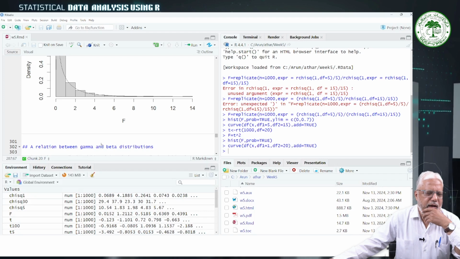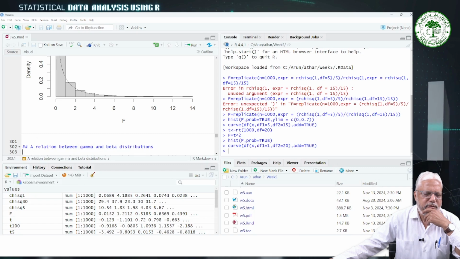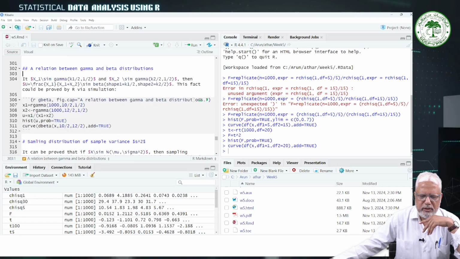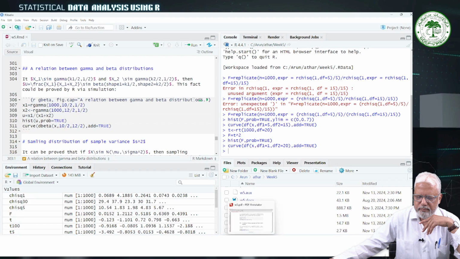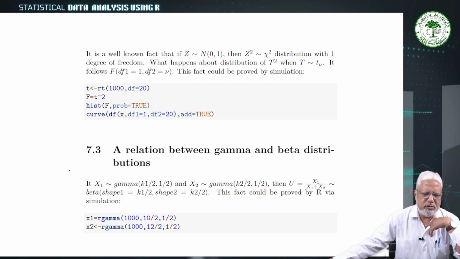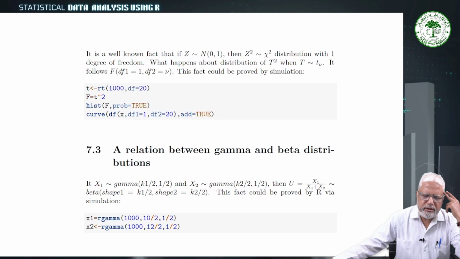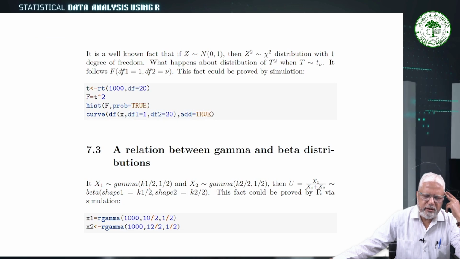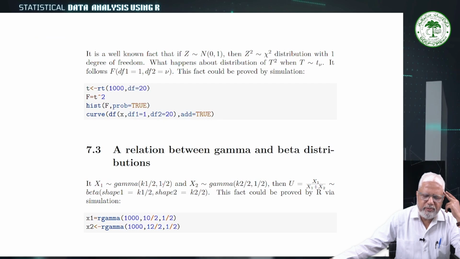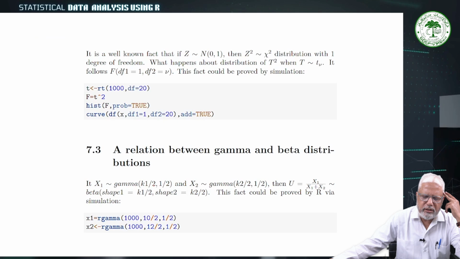Now I am going to talk about a relation between gamma and beta distributions. So here I would like to look into the PDF, a relation between gamma and beta distributions. It is a well known result in statistical theory, if x1 follows gamma with shape parameter k1 by 2 and rate parameter 1 by 2, it is nothing but a chi-square distribution with k1 degrees of freedom.